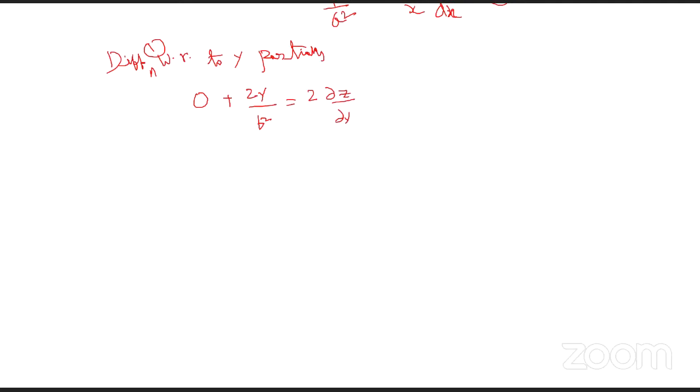That means these two get cancelled. Then 1 by b square equal to 1 by y dou z by dou y.